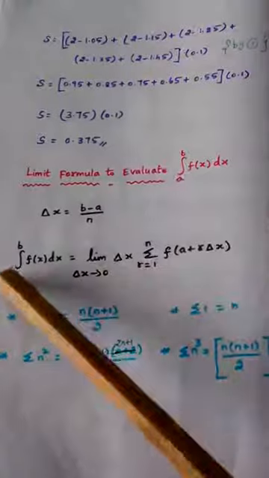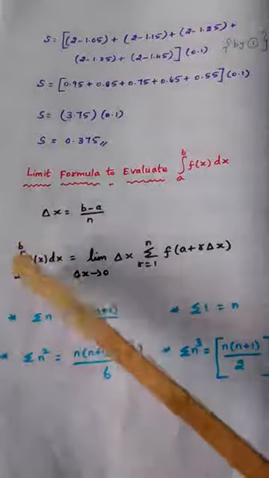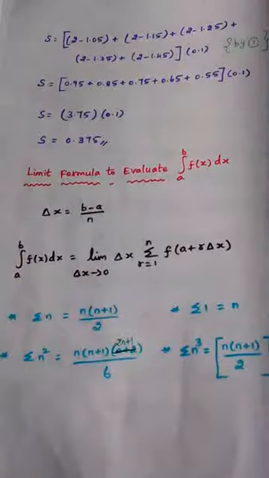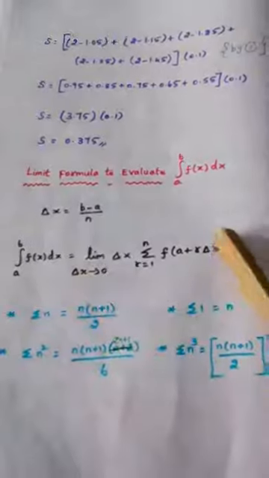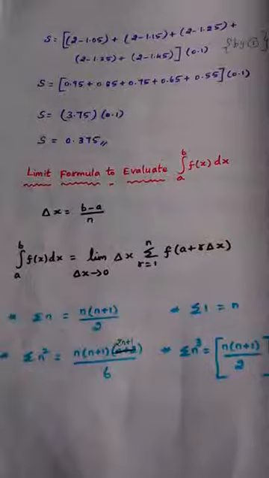I asked you to memorize this formula, which is helpful for calculating the value of a definite integral using limits. How to calculate the value using this formula, we will discuss through the problems that we are going to do.